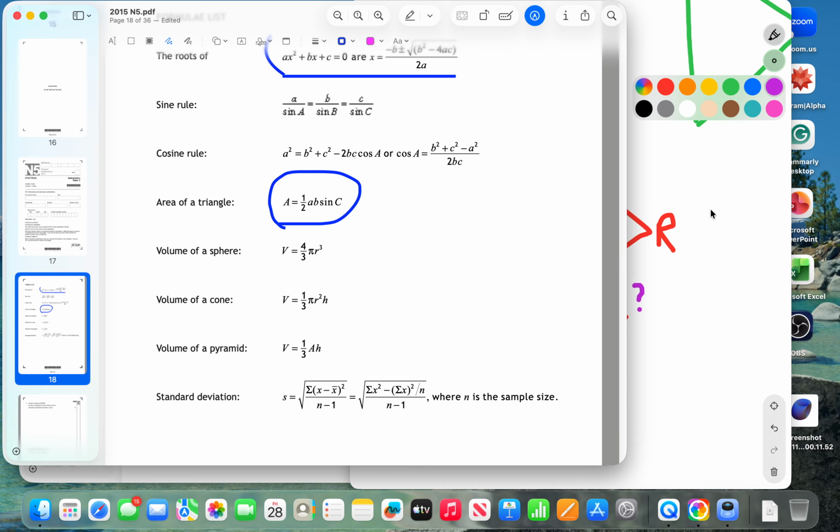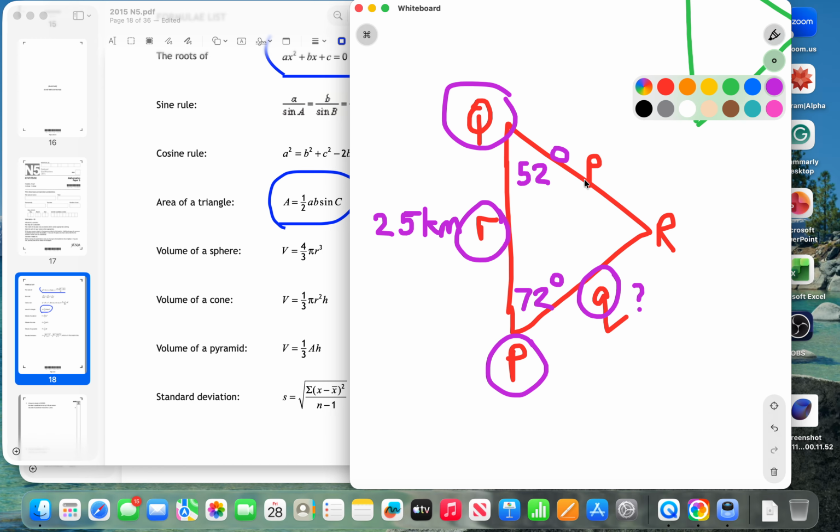The idea with the sine rule is, if you know two pairs of sides and angles, what I mean by that is, if you know a side and the opposite angle, and you know another side and an opposite angle, you can use that.